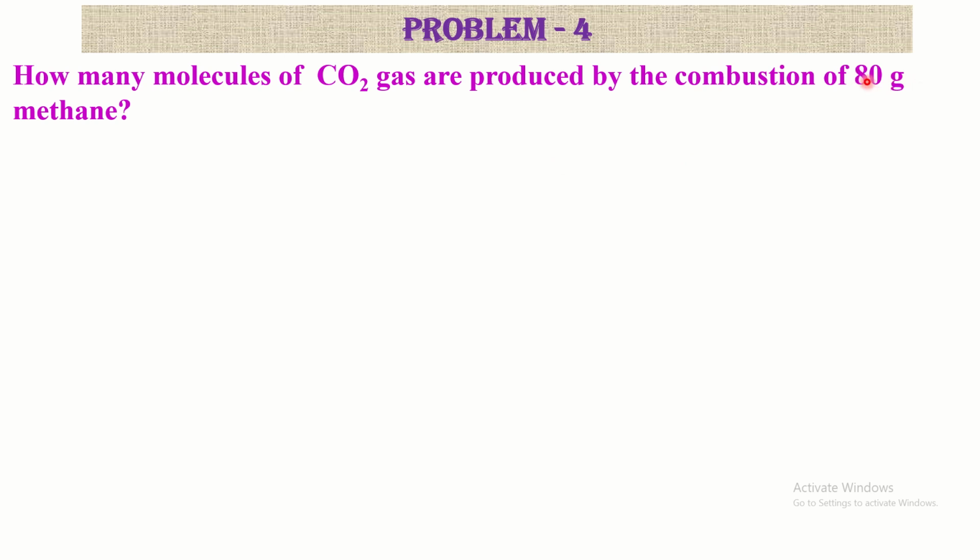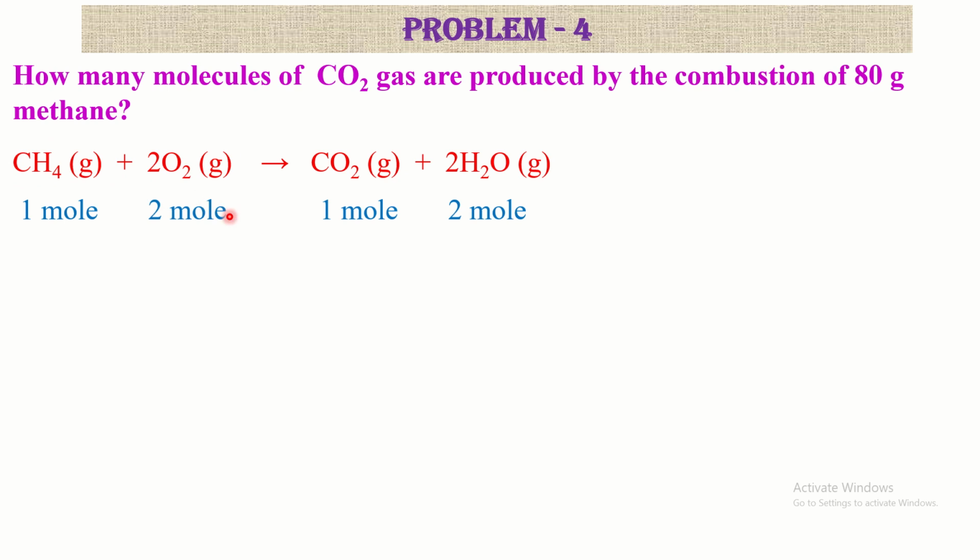Combustion means methane reacts with oxygen, and you know that when a hydrocarbon reacts with oxygen, they produce carbon dioxide and water vapor. So here I have written the combustion reaction of methane, methane plus oxygen, and the products are carbon dioxide plus water vapor. After balancing the reaction, we get 1 mole methane reacts with 2 mole oxygen, and they produce 1 mole carbon dioxide and 2 mole water.